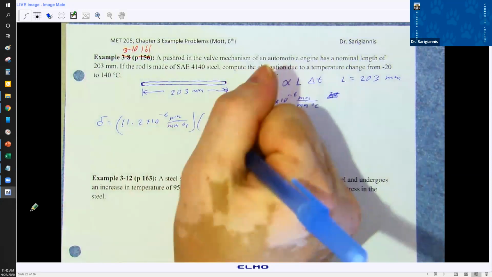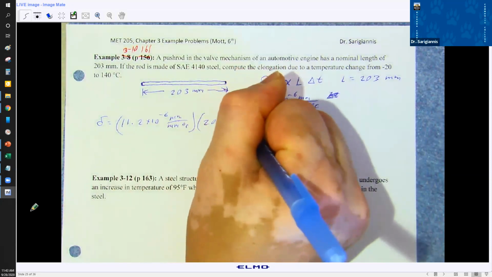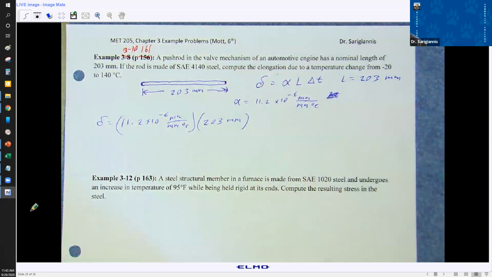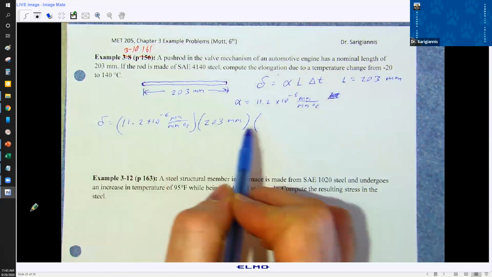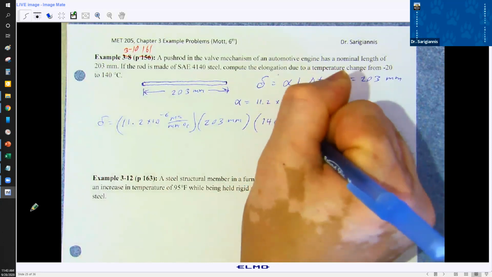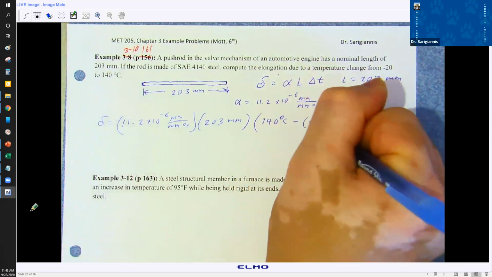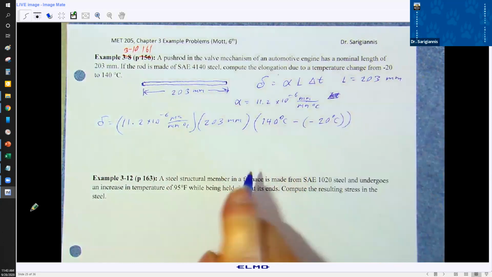Our length is 203 millimeters. Our delta T, what is our delta T? It is the difference in these temperatures. So we've got 140 degrees C minus a negative 20 degrees C. This is important.